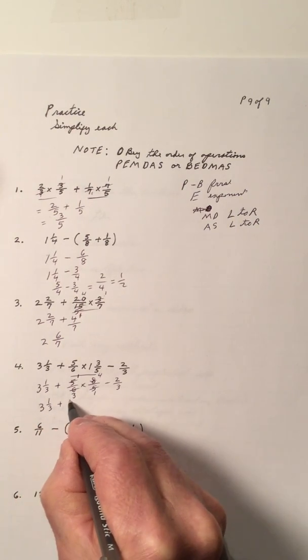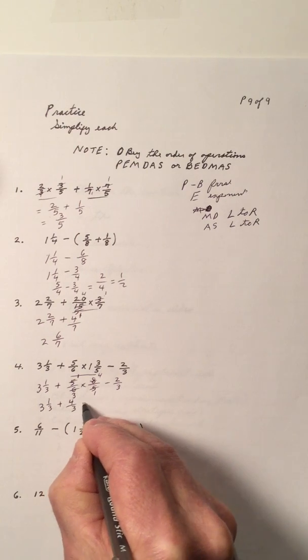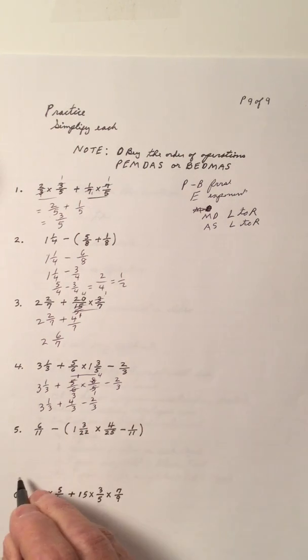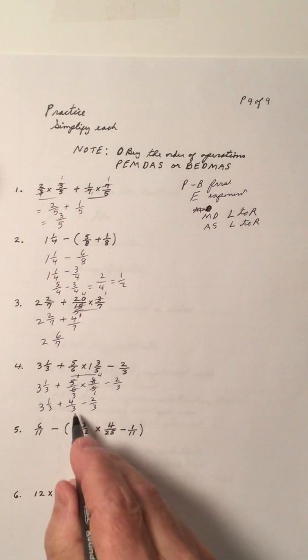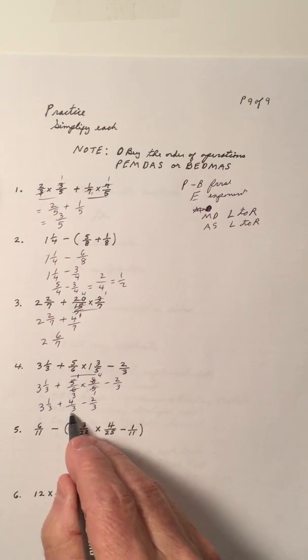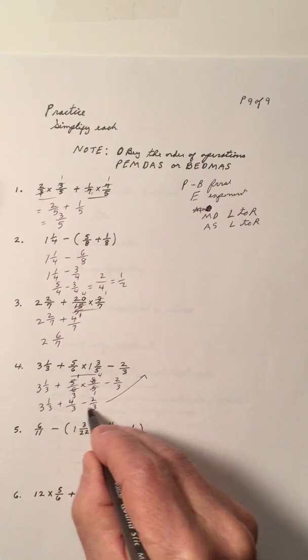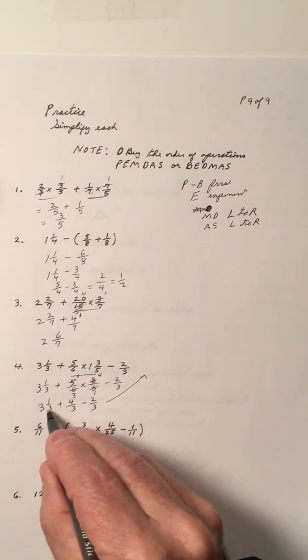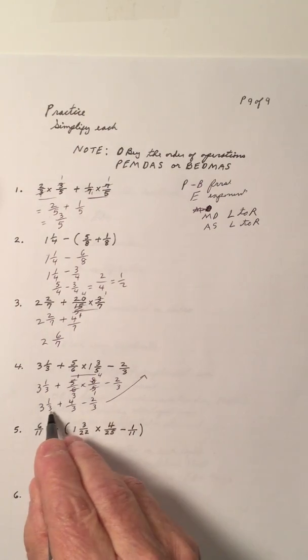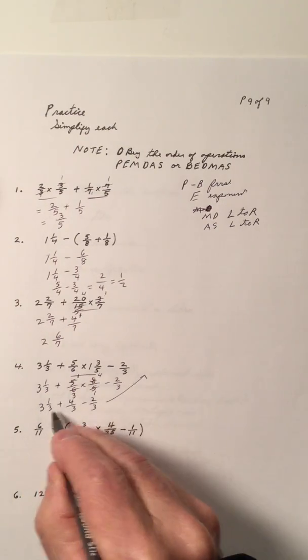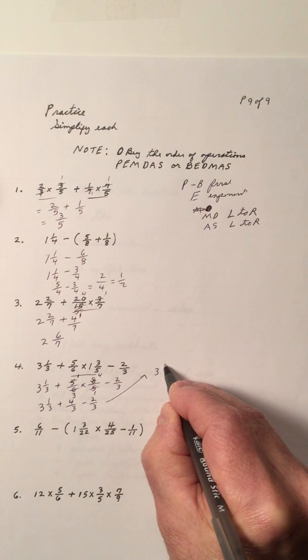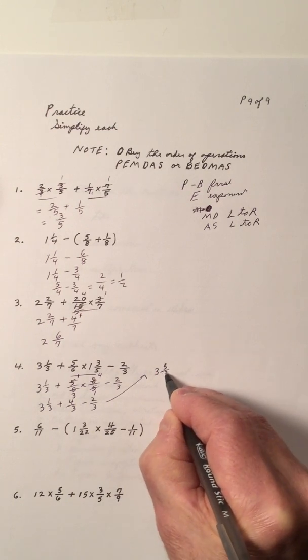That gives me 4 over 3 minus 2/3. So I can leave the 4 over 3. I can change it to 1 and 1/3 if I want. It's your choice. But my common denominator is 3, so everything is okay. So I can add these two. So that gives me 3 and 5 over 3.